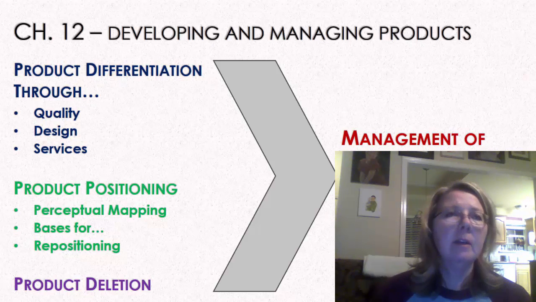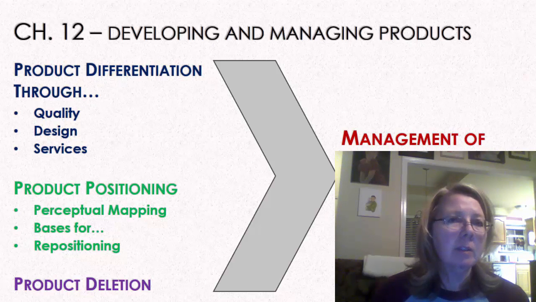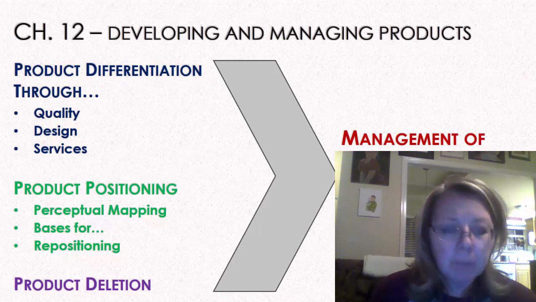Repositioning is not something that would be related to a new product. It would be related to an existing product. One example I can think of off the top of my head is baking soda.